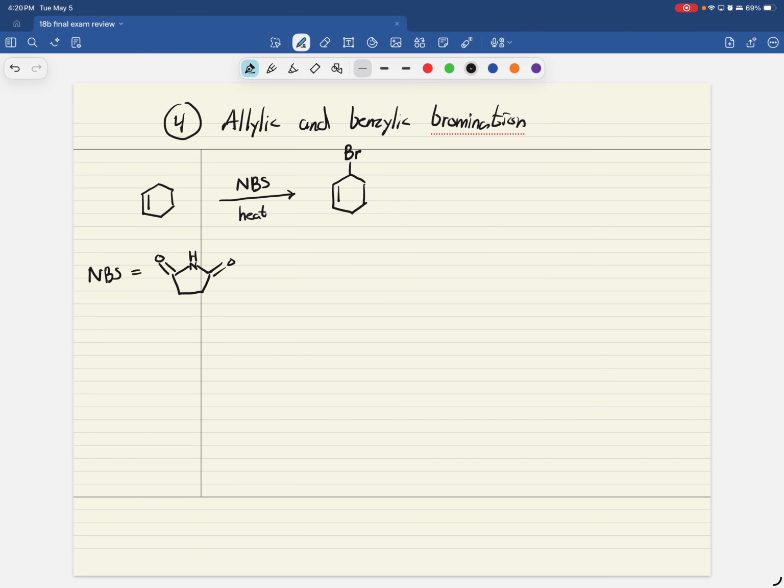So you can do this for the allylic position. But then if you have a benzene and it's at the benzoic position, we learned about the benzoic when doing carboxylic acids, right? As long as you have a position with a benzoic hydrogen, so this will be my benzoic H, okay? And if I treat that with NBS and heat, at the benzoic position, what am I going to put there?